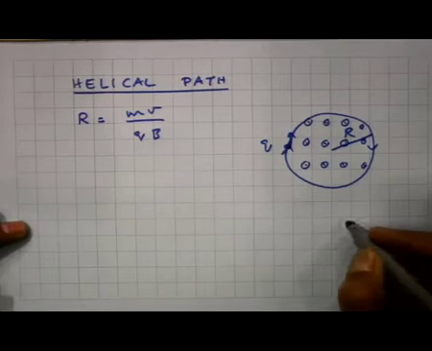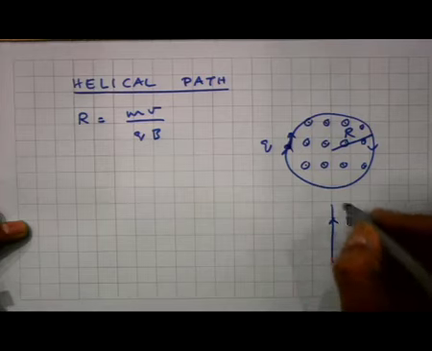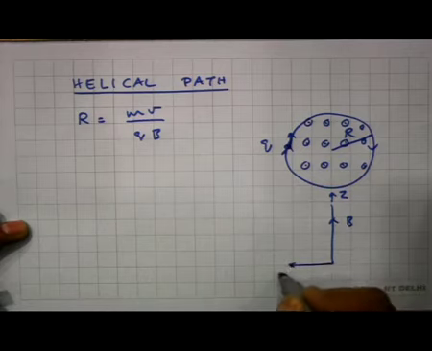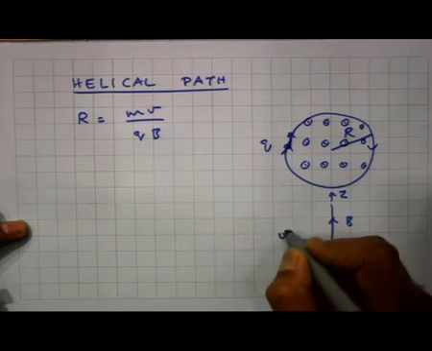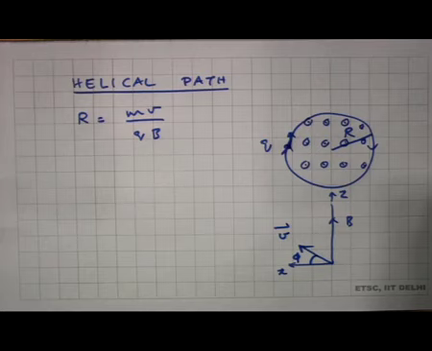Now what happens if the velocity is not perpendicular but is at some angle? So let me draw a magnetic field here like this. If we call this the z axis, and let this be the x axis here. Let me assume I launch a particle with a velocity like this, and this angle is phi. Now as you can see here, the velocity is not at right angles to the magnetic field, but I am shooting a particle with a charge q.